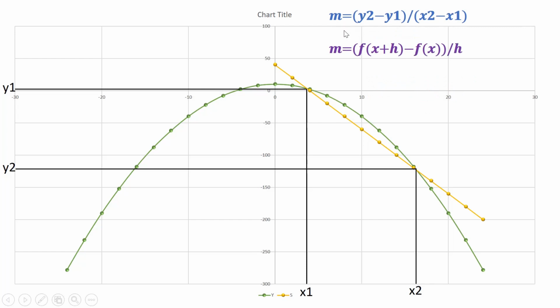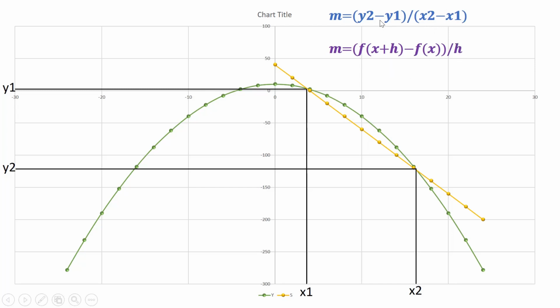We are aware that the slope of a straight line is equal to y2 minus y1 divided by x2 minus x1. We have seen that this is the same as what? f of x plus h minus f of x. And this difference is h.